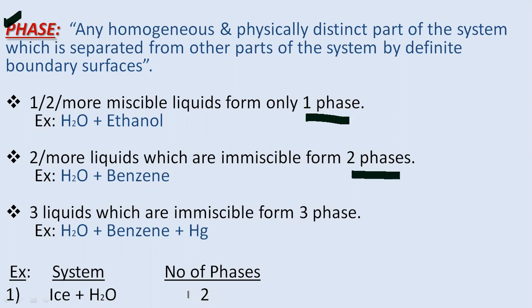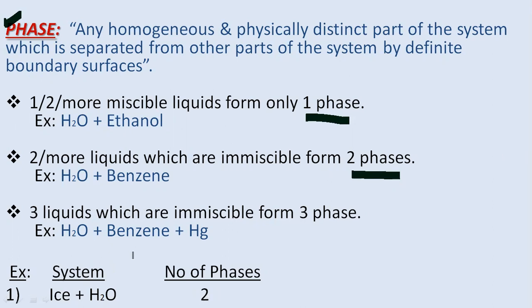Because in a glass, when you add some ice and into that you add some water, you can easily distinguish the two layers, right? We can observe a homogeneous, physically distinct part, that is, one for the solid part and another for the liquid part. So here the number of phases for ice plus normal liquid water will be 2.